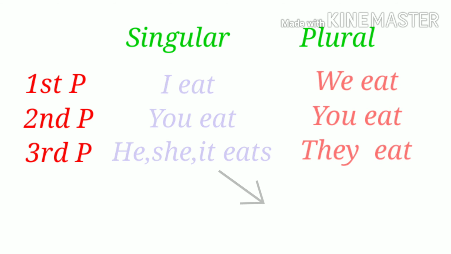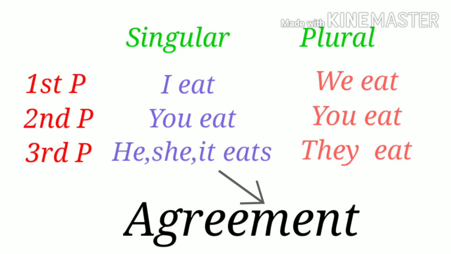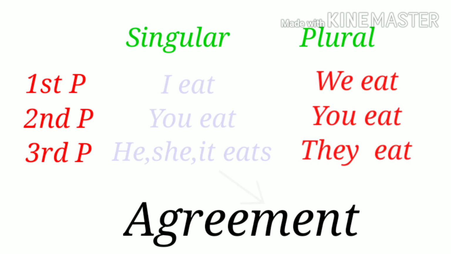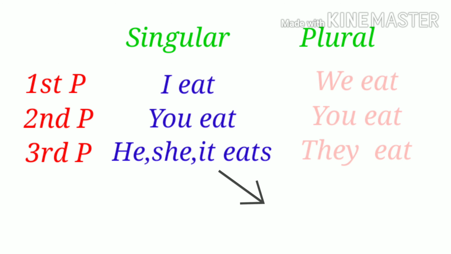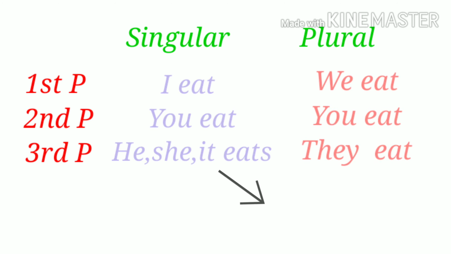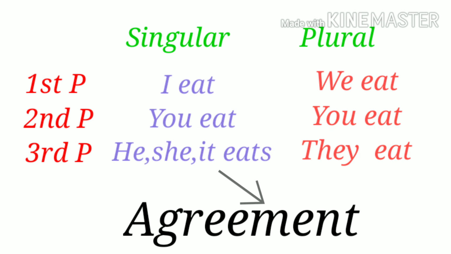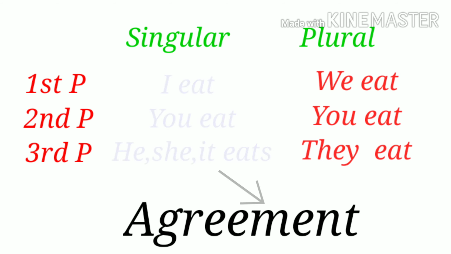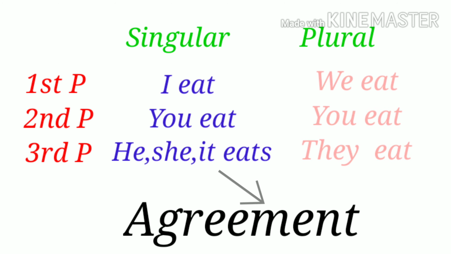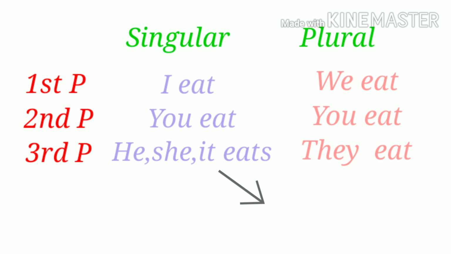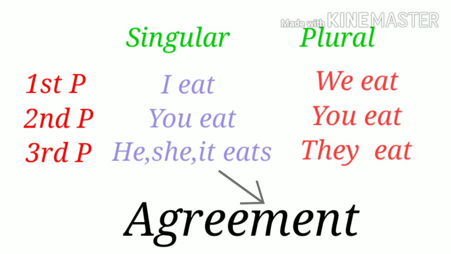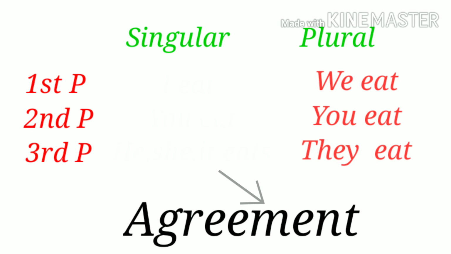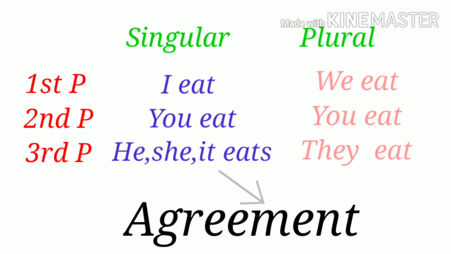If we use the verb eat and apply it in all the three forms of first person, second person and third person, then see how it will be applicable. I eat in the first person singular number, first person plural number will be we eat. Clear? That is, I is the subject, eat is the verb. Then in the second person singular number, that is you, if we use the verb eat, then it will be you eat.